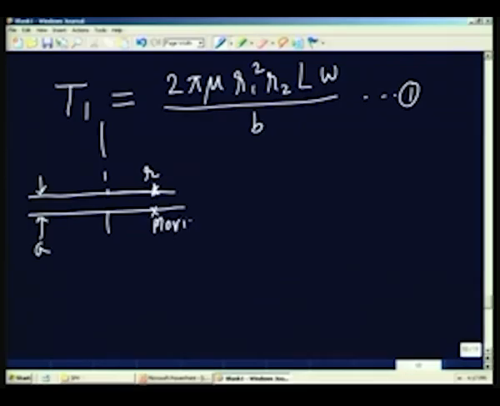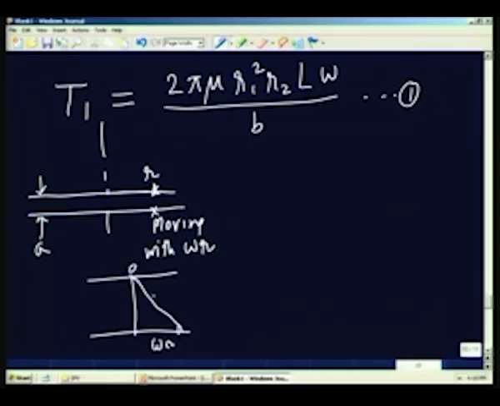This is moving with velocity equal to omega times r, and this is 0 velocity. So if I look at the velocity field there, I can show it like this. This is 0, this is omega r, and the velocity will show a linear variation like this.